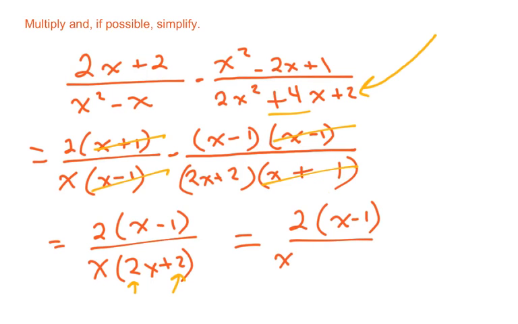Now, I know I have this x already, but now I need to factor out a 2, and then this is going to be x plus 1. So we multiply x times 2. Oh, and now we notice that they both have a 2, so we can cancel. And now we're left with x minus 1 over x times x plus 1.